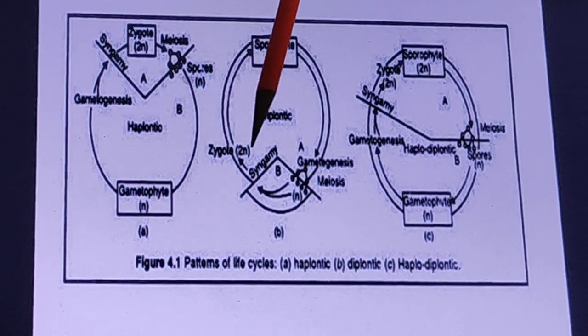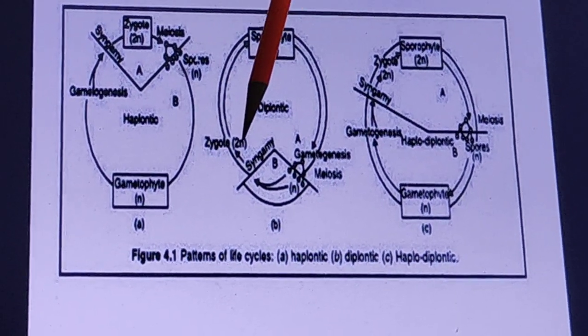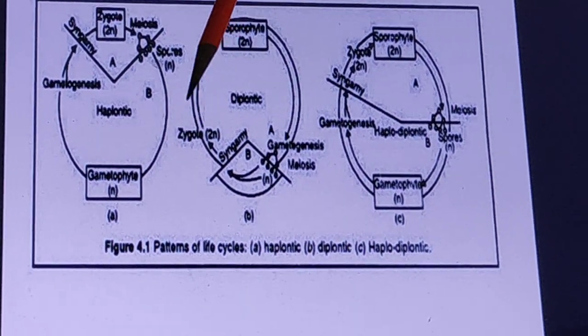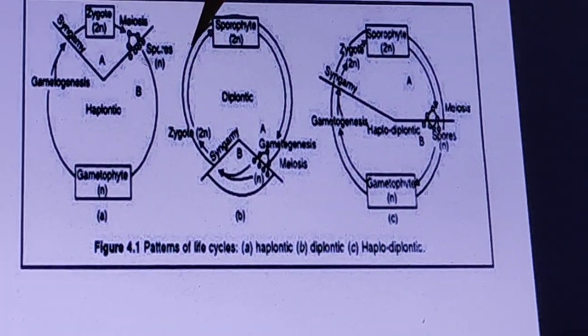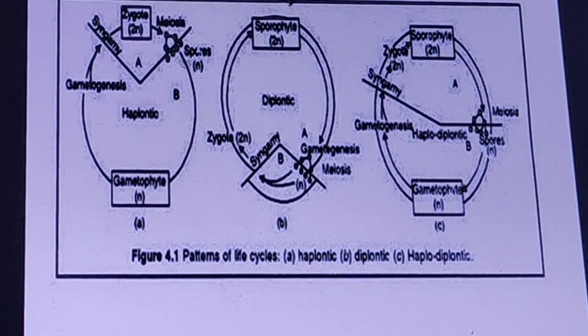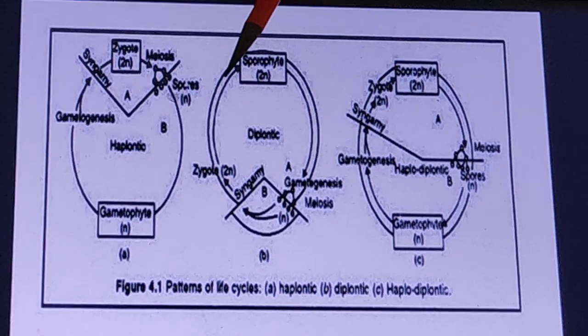Now, what is the fate of this zygote? The fate of zygote is it undergoes repeated mitotic division so that it can produce the organism. Right?